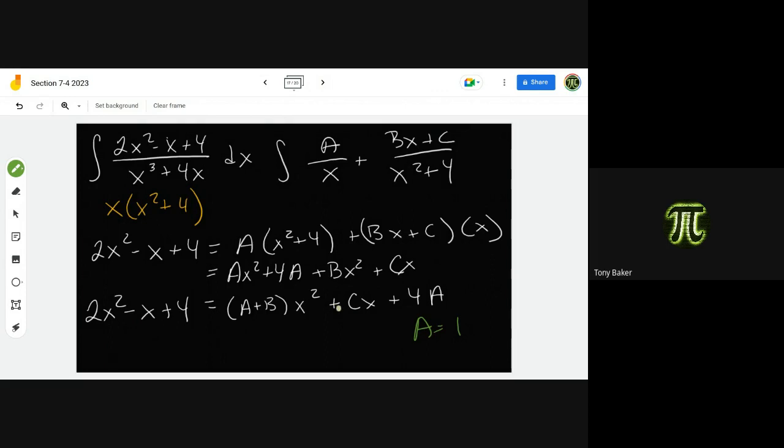So c's got to be negative 1. All right. And a plus b is 2, and we know a is 1, so b also has to be 1. So sometimes we can just multiply it out and look, and it works out really nicely. Not always, but in this case it did.